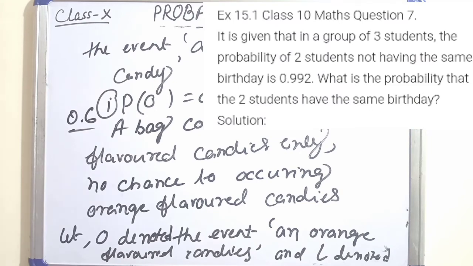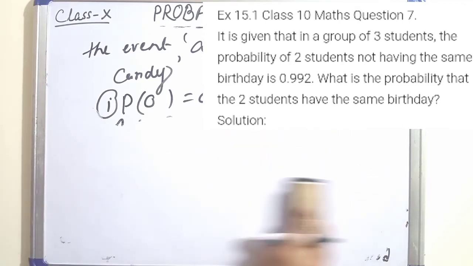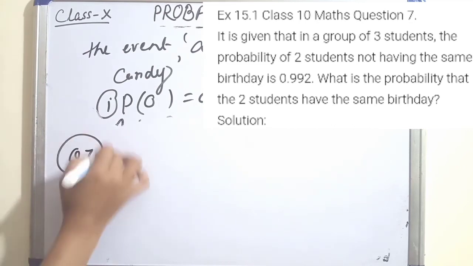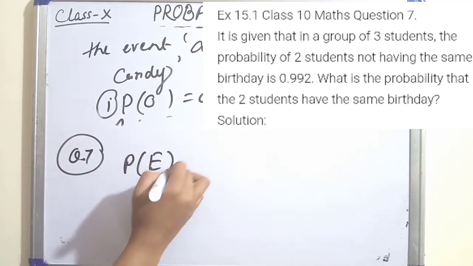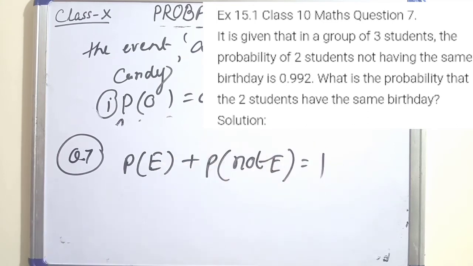It is given that in a group of 3 students, the probability of 2 students not having the same birthday is 0.992. What is the probability that 2 students have the same birthday? Very easy question. We know that probability of E plus probability of not E is equal to 1.